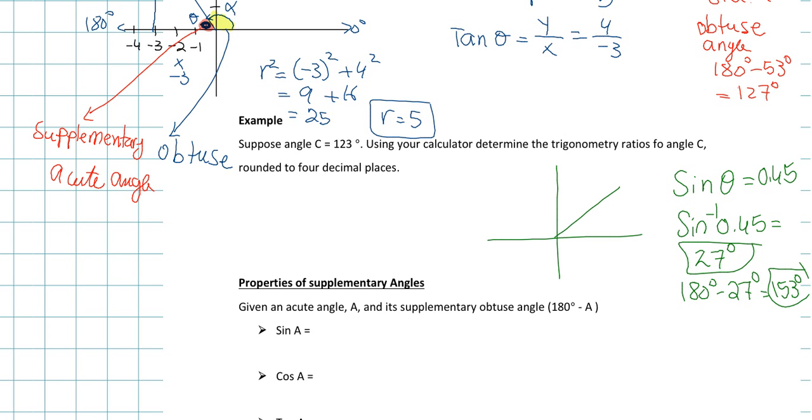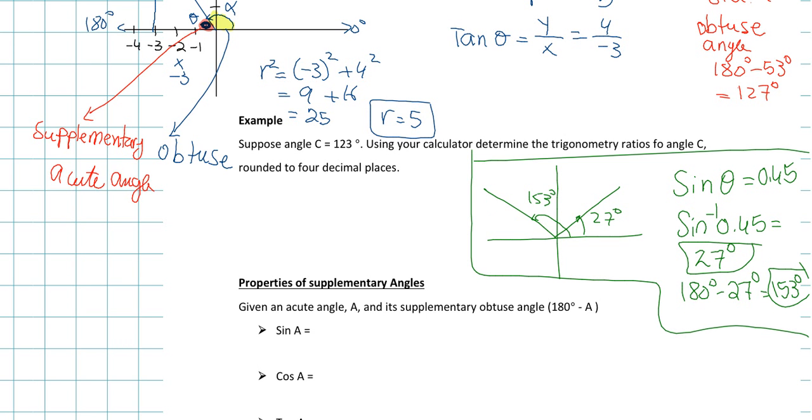Okay, this is a question that does not belong to this question. All right. This question is asking you for, suppose angle C is 123 degrees. Using your calculator, determine the trig ratios for angle C, rounded to 4 decimal places. What's the trig ratios again? So sine 123, because I gave you the angle. So what's sine 123?